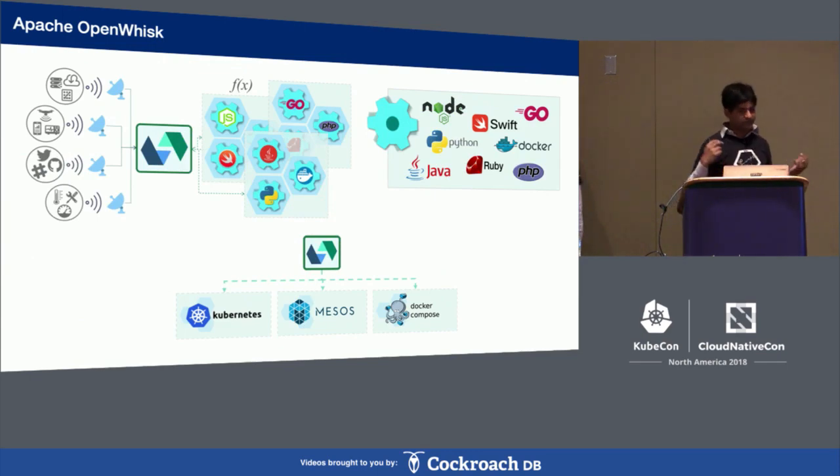You can actually write your OpenWhisk functions in multiple languages: Python, Swift, Go, Node. More so in the ML world, Python becomes very important, right? We are actually also working with Pyren to actually include some of those capabilities in OpenWhisk. And you can actually run it on Kubernetes, Mesos, Docker Compose. So that means any flavor of Docker you need.